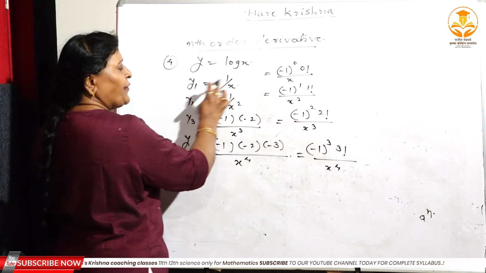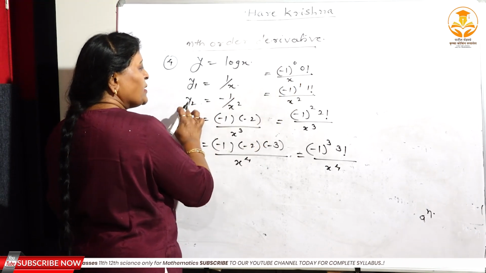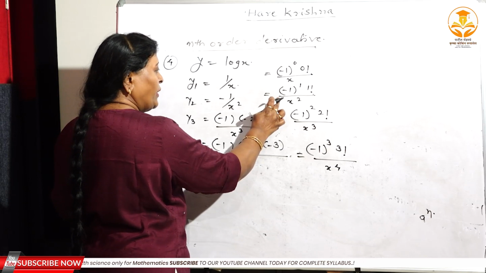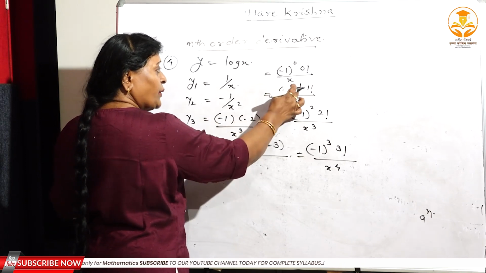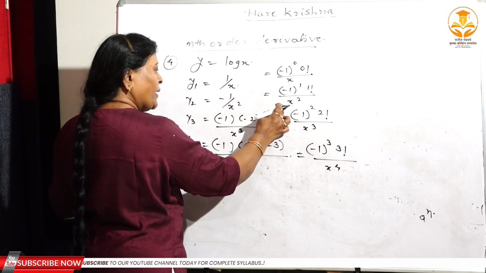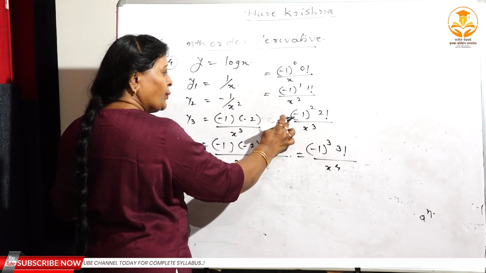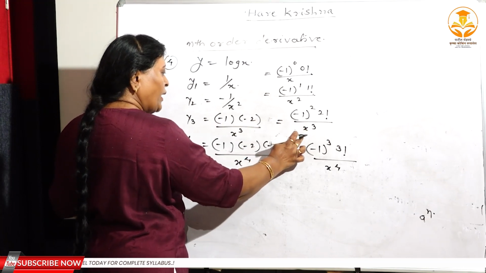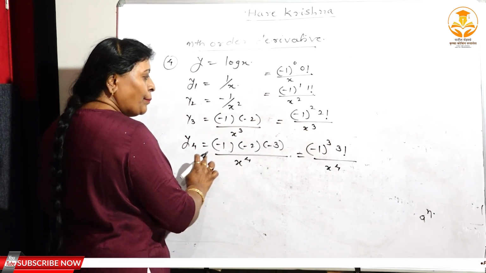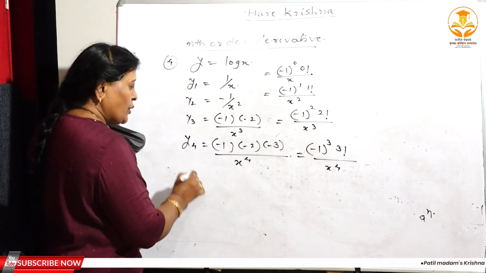So, the first order: minus 1 to the power 0, 0 factorial divided by x. Second order: minus 1 to the power 1, 1 factorial divided by x square, isn't it? Third order: minus 1 to the power 2, factorial 2 divided by x cube. Fourth order: minus 1 to the power 3, factorial 3 divided by x to the power 4.